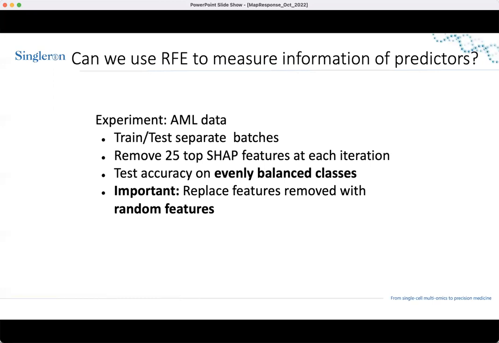This is important because if we want to look at the information in the data set, or how it's affecting a prediction, we don't actually want to reduce the dimensionality of the data set. If our model is overfitting, or using these extra dimensions to overfit, we don't want to remove them in this process. We actually want to just replace them with features that are purely uninformative.